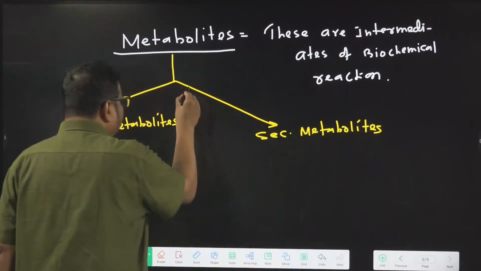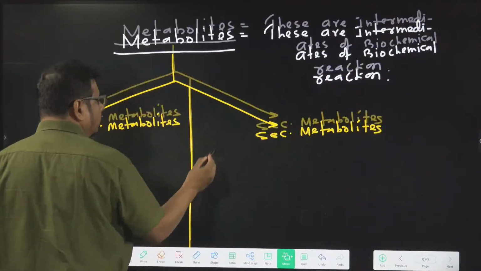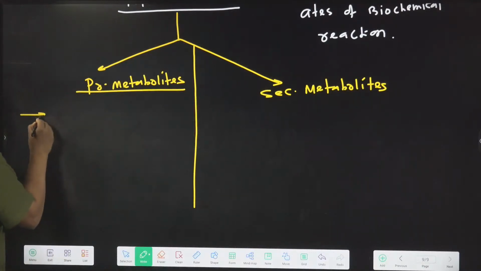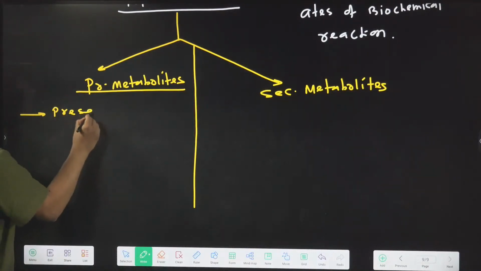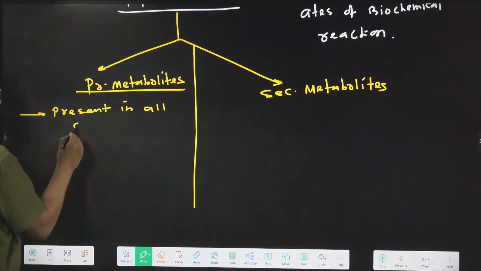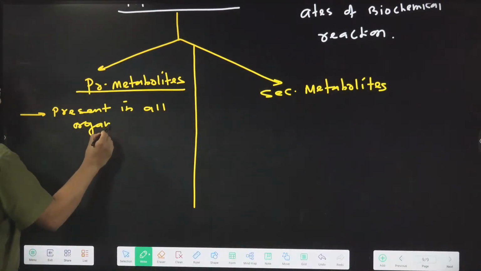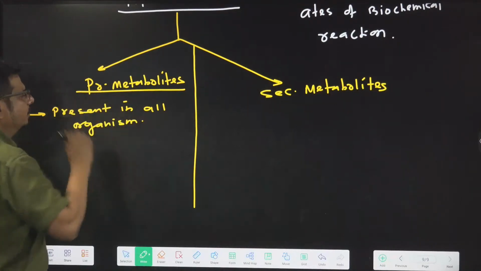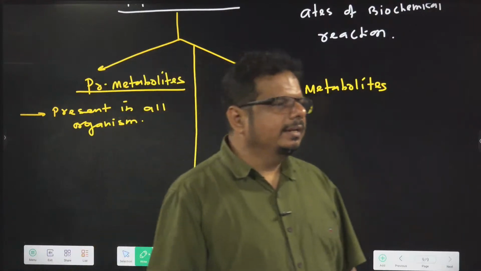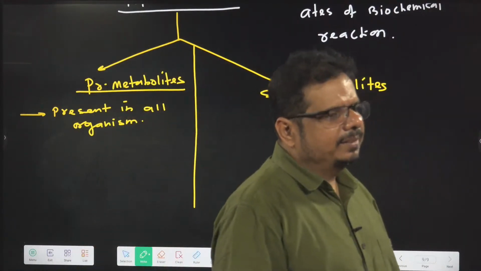So if we talk about primary metabolites, where are they present? Primary metabolites are present in all organisms. No exception is there where primary metabolite is not present. In every living organism, primary metabolites are present.